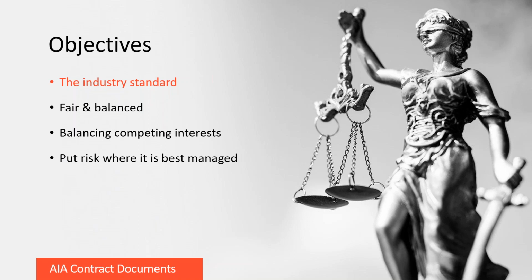So AIA has been doing this for many years and trying to make sure that there's a balanced approach that takes into account the interest of all of the different participants across the industry and making sure that risk is balanced where it can be managed best. So it's not looking at the advantage of any particular party, but it's trying to determine who has the best experience with any particular risk, and are they the party that should be taking ownership of that particular part of the agreement.